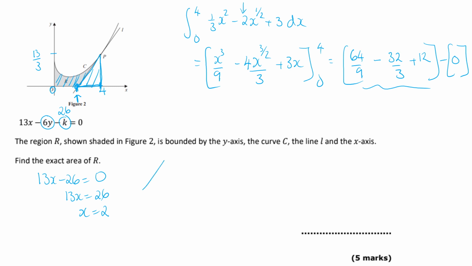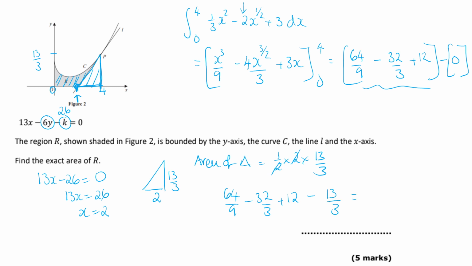So this is a triangle that has a base from 2 to 4, so 2, and height 13 over 3. So the area of the triangle is going to be half times 2 times 13 over 3. Cancel those 2s, and if we do 64 over 9 minus 32 over 3 plus 12, and then take away the area of the triangle, you put all that in your calculator, you will get 37 over 9.